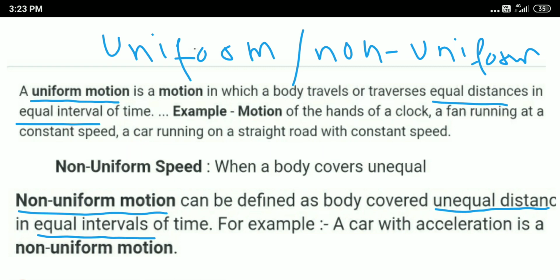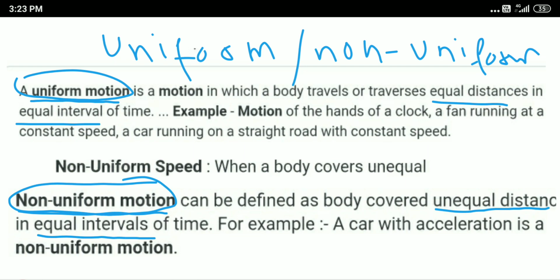So that is why I started with defining uniform speed or velocity, because specifically they are named differently, but precisely, uniform speed or velocity will be classified into uniform motion, and non-uniform speed or non-uniform velocity will be considered as non-uniform motion. I think I am clear.